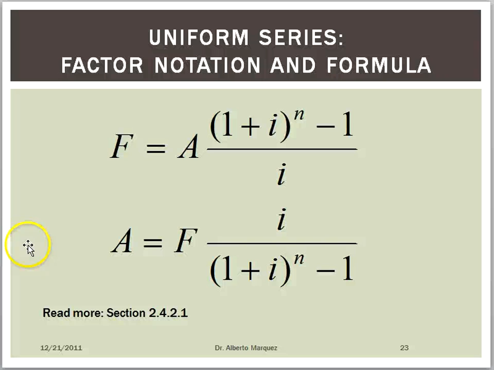And using those two factors and of course the amount that you're saving, you can figure out how much money you will have at the age of your retirement. Or also you can figure out how much you will need to save if you have a particular target for your retirement. Very useful, these formulas.